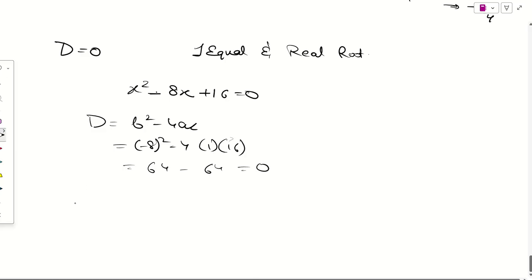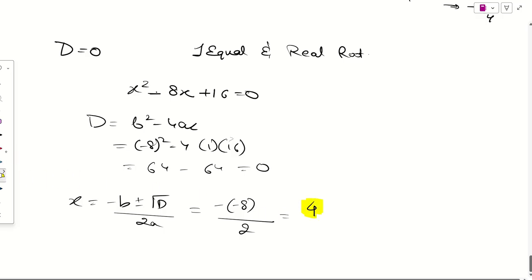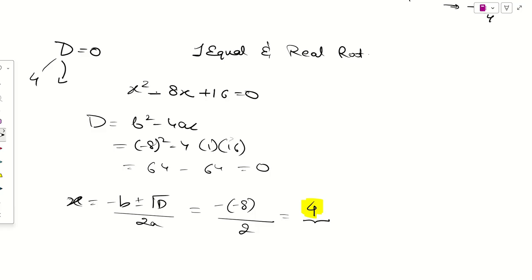Now in your quadratic formula, this D is equal to 0. So here we have no value for D, and b is minus 8 upon 2. From here you have 4. Your root is 4. We have only one value for x. If your D is equal to 0, here we have only one real root, right? So your roots will be like 4 and 4.